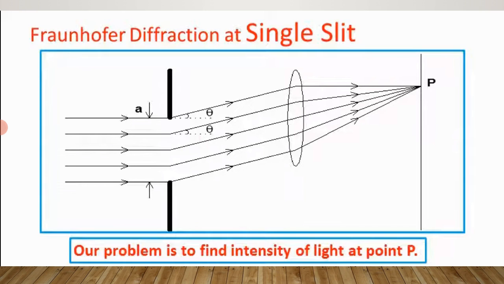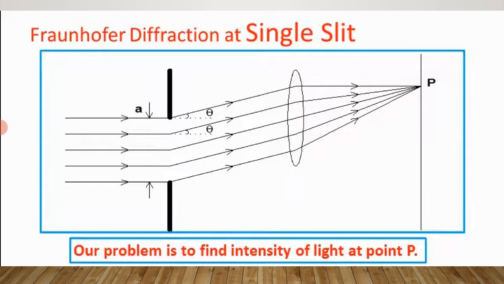According to Huygens principle, every point on the slit acts as a secondary source of light and emits secondary waves. When these secondary rays travel without any deviation and focus at point C on the screen, as these rays have no path difference, point C is the principal maximum having maximum intensity.